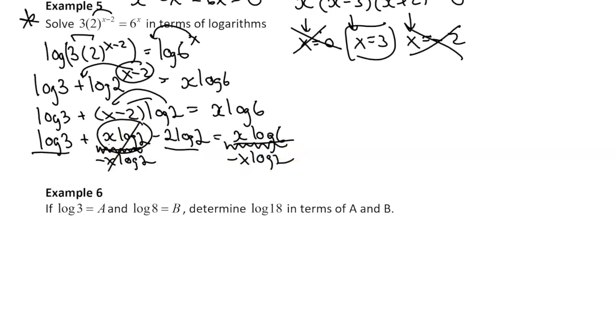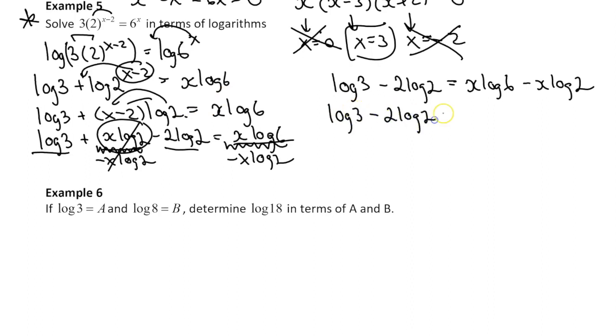And if you do that, then you'd be left with something that would say log 3 subtract 2 log 2 is equal to x log 6 subtract x log 2. On the right side, you could factor out an x.